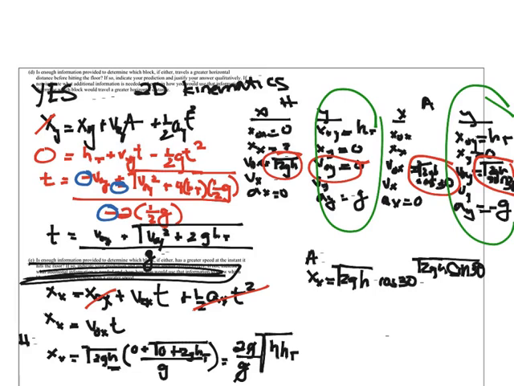Okay, plus all this stuff inside the square root, so Voy squared plus 2ght all over g.